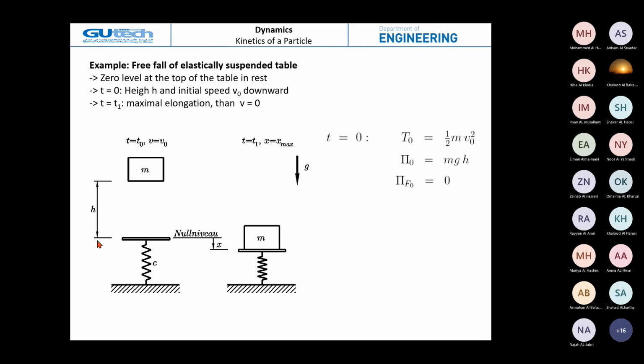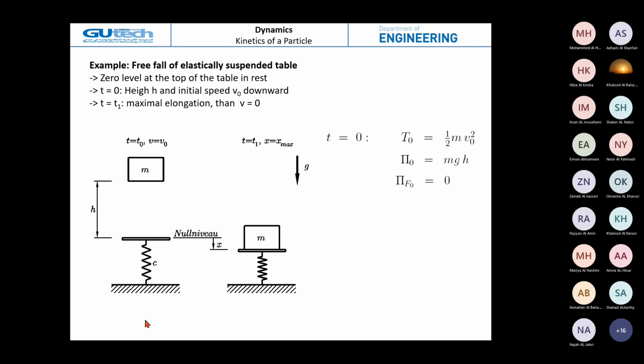This is the distance from the zero level to the applied force, which in our case is the weight. If you put the zero level here, the potential P0 will be equal to 0.